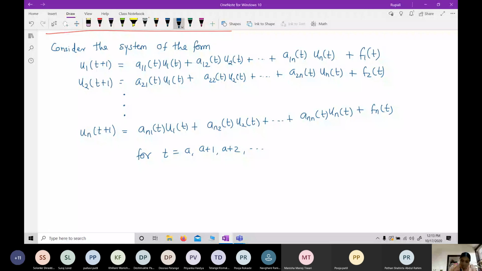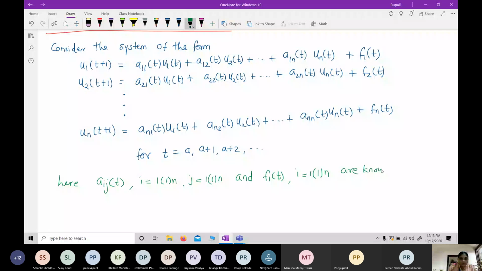Here we can write aij of t, i is equal to 1 to n, j is also 1 to n, and fi t, i is equal to 1 to n are known functions.